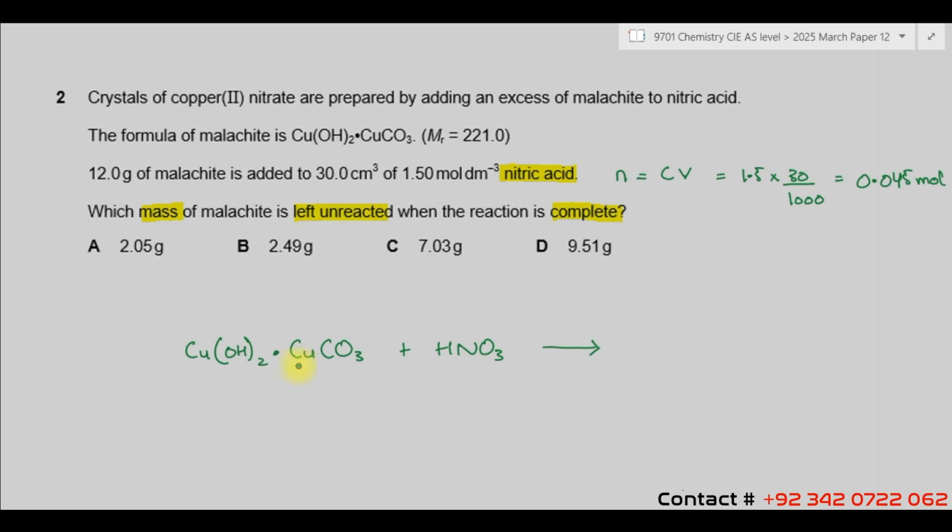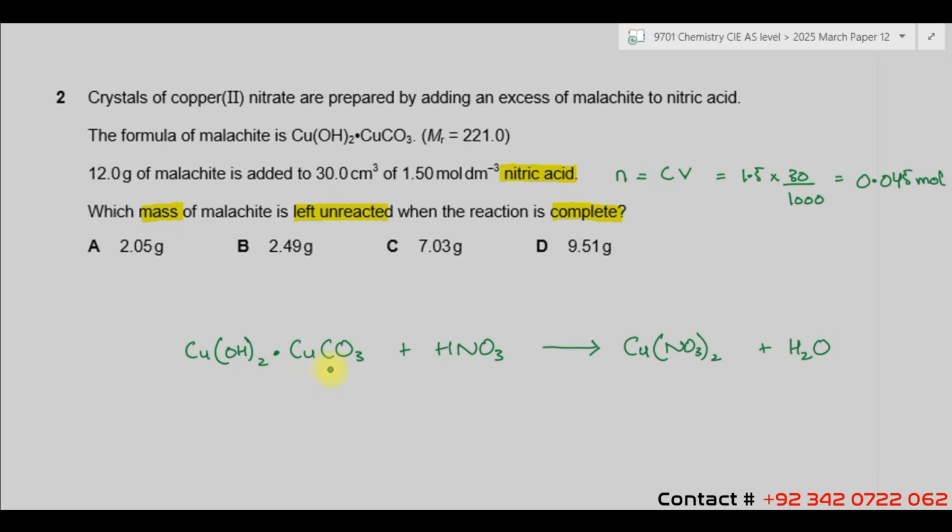One is copper hydroxide, second is copper carbonate. So both can react with nitric acid separately. When copper hydroxide, which is a base, reacts with acid, it forms salt and water. So let's first write down the equation of these two. So it will form copper nitrate plus water.